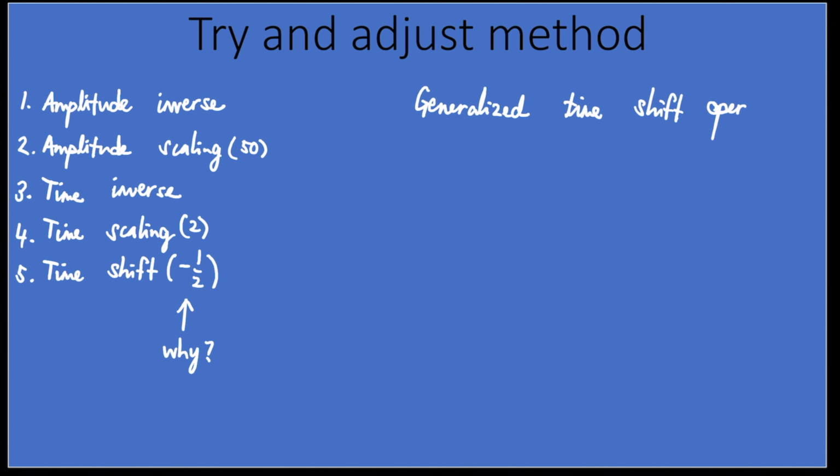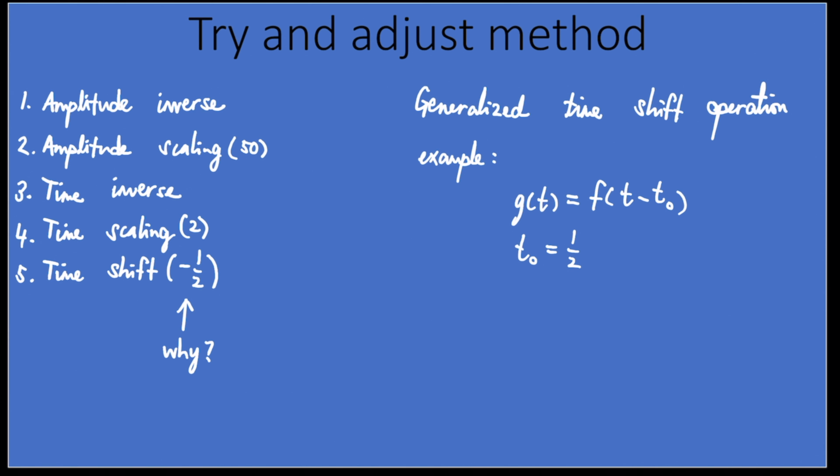The generalized time shift operation is like this. If we have a signal f(t) and this f(t) is subjected to time shift operation to produce another signal called g(t), then mathematically we can write this operation as g(t) equals f(t minus t naught).